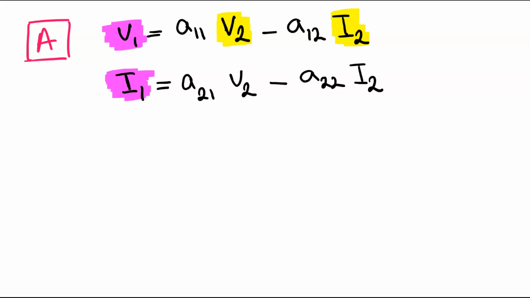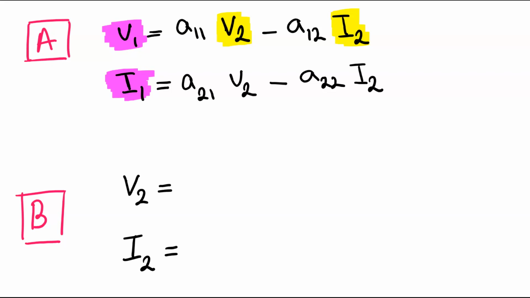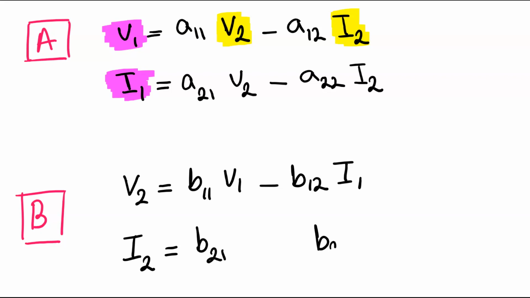Now for B, I'm focusing on the opposite parameter. This time I would like to describe V2 and I2 in terms of V1 and I1. So I'm going to have B parameters, so V2 = B11 multiplied by V1 minus B12 multiplied by I1, and then I2 will be described by B21 and B22 when they're multiplied by V1 and I1.